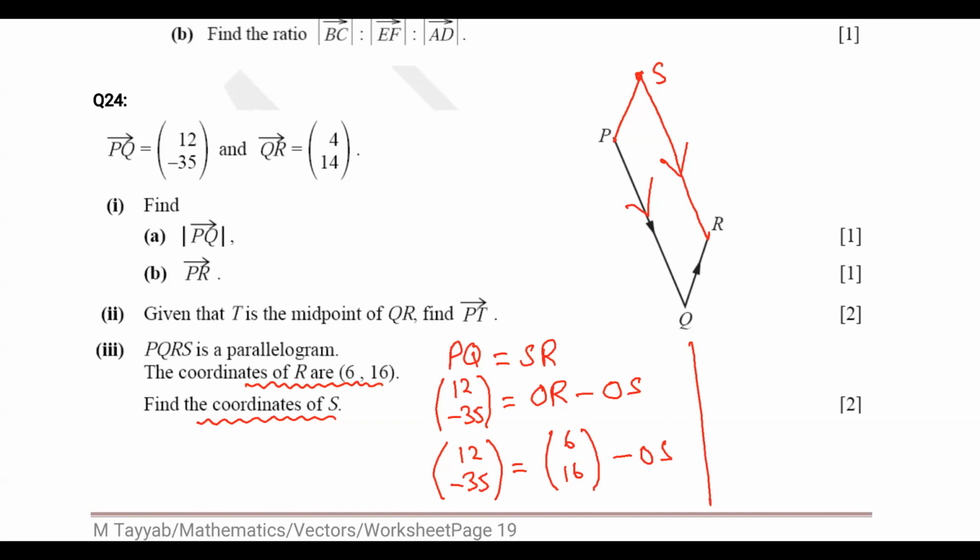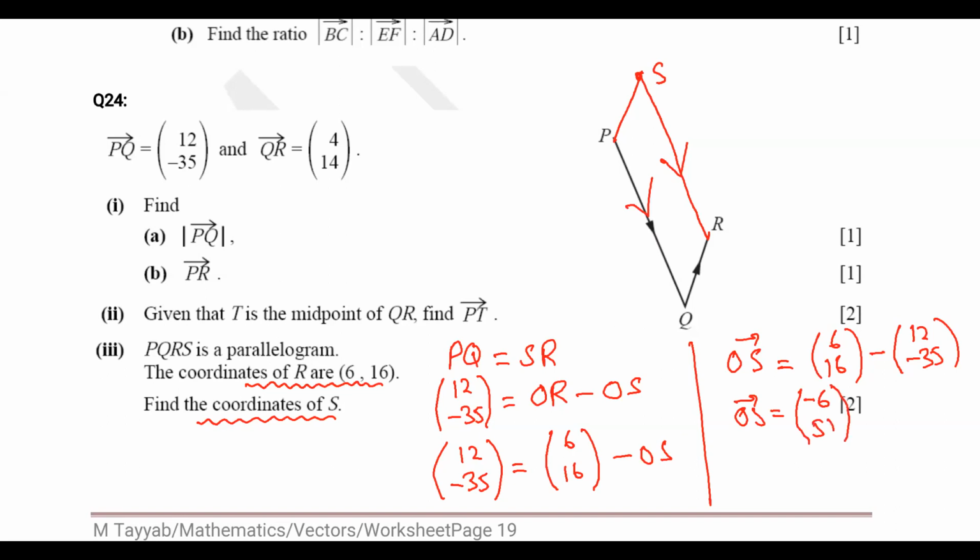Because OS is negative, I'll shift OS on the left side. 6, 16 as it is, and shift 12 minus 35 on the other side. So 12 minus 35. So OS is 6 minus 12 is minus 6. 16 plus 35 is 51.